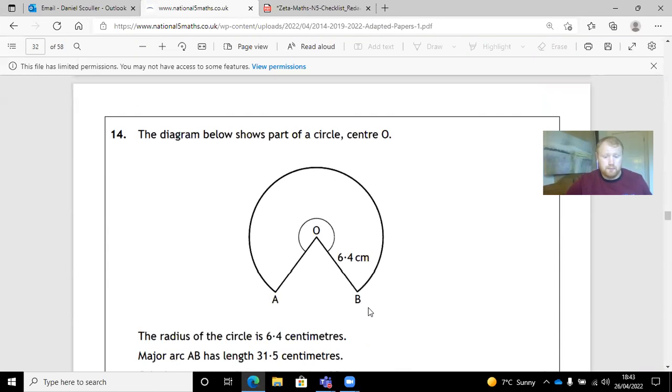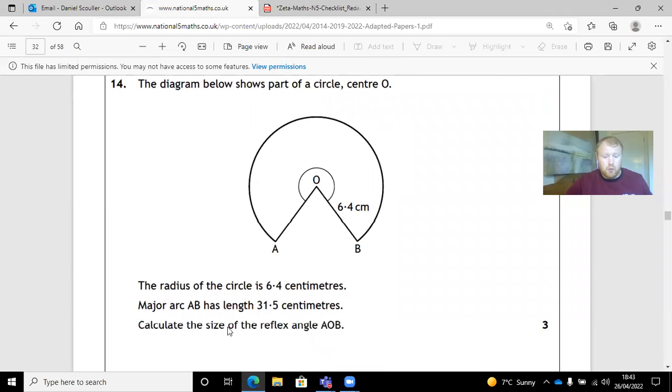Question 14. Wee bit more difficult this time. It's looking for the reflex angle. So we're going to have to do a wee bit of rearranging to work out what that angle is. Okay, so let's take down our data. So radius is 6.4. Means our diameter is going to be double that.